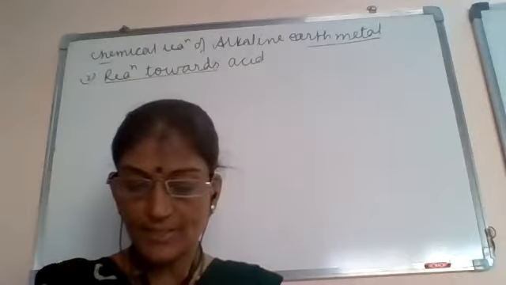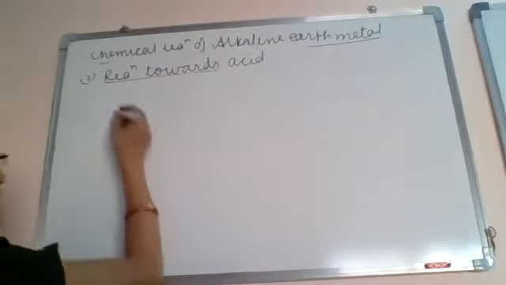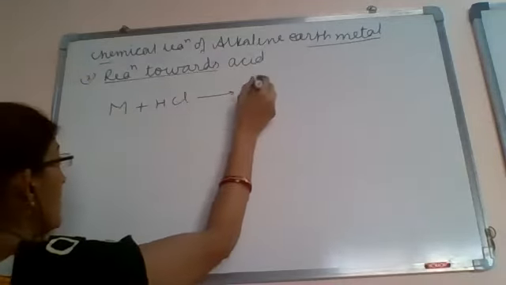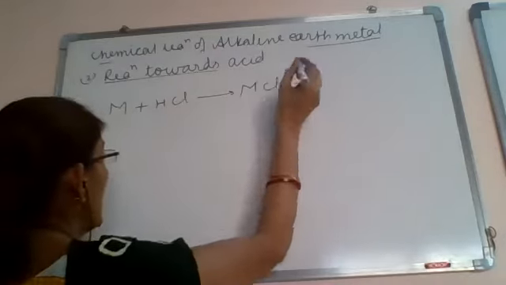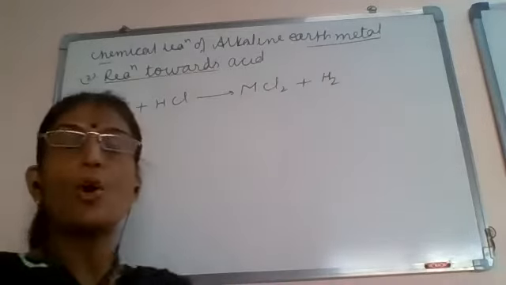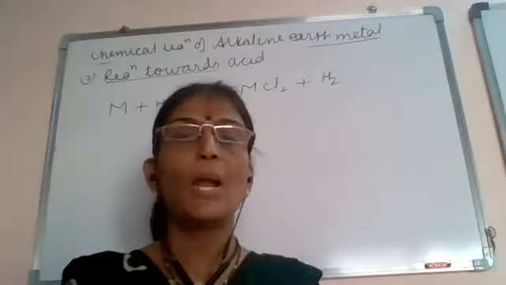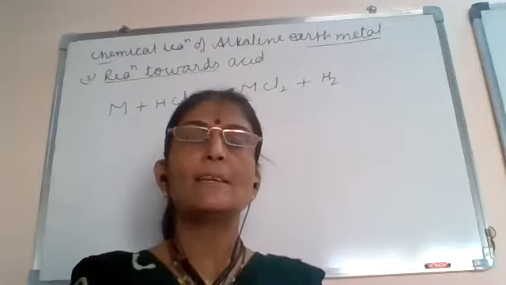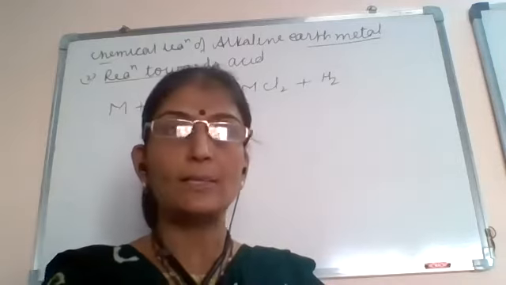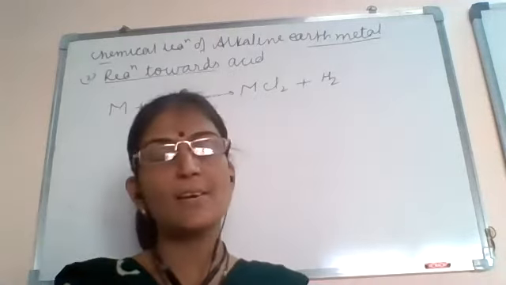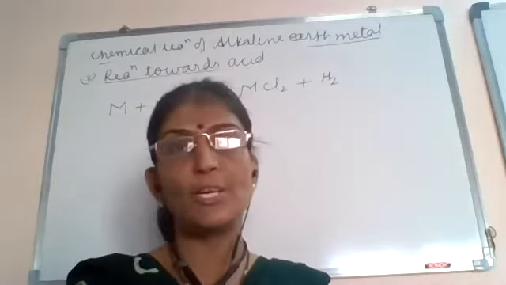These metals, when they react with acid like HCl, form salt and hydrogen gas is released. This is a general characteristic of acid. कोई भी acid है, अगर उसमें अपन metal डालते हैं, active metal, then metal replaces hydrogen and hydrogen gas is released. This is the general preparation of hydrogen gas.